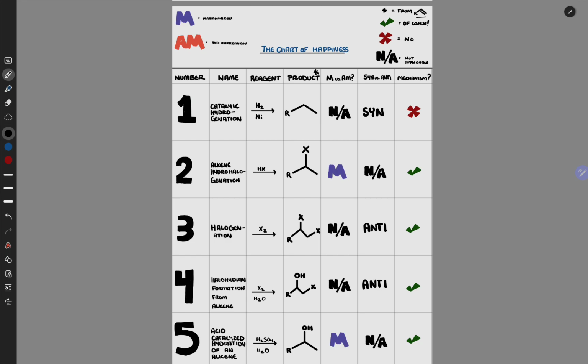All right, so number 2, I want to break down this word again, alkene hydrohalogenation. Hydro meaning H, halogenation meaning X, or a halogen.